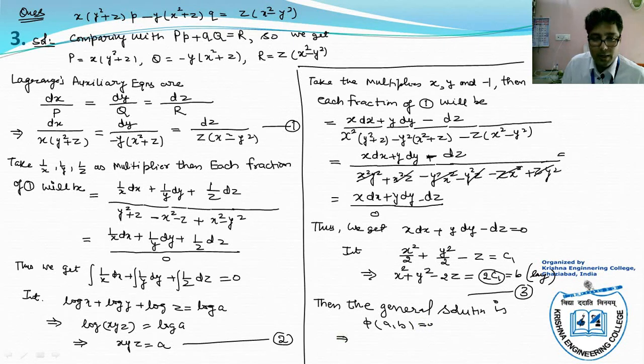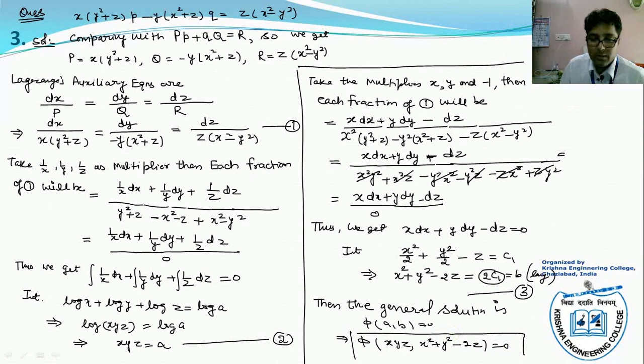This implies phi, the value of a is x by z, the value of b is x square plus y square minus 2z is equal to 0. This is the required solution of the given partial differential equation. This is totally based on the Lagrange multiplier technique. Clear?